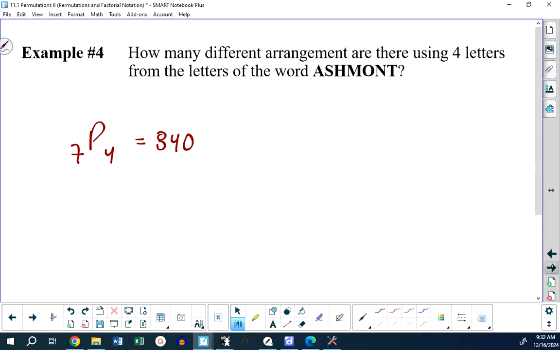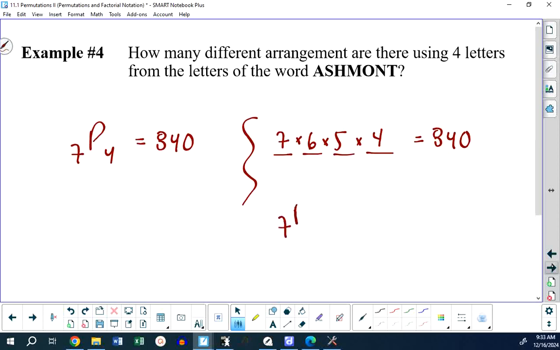Or, I guess what you could do is you could say, I'm going to use the fundamental counting principle. And you could manually enter 7 times 6 times 5 times 4, which is going to be 840. Or you could say 7P4 is 7 factorial over 7 minus 4 factorial.